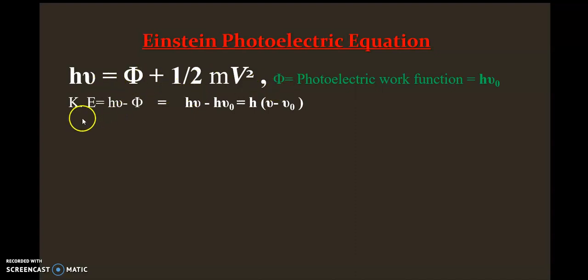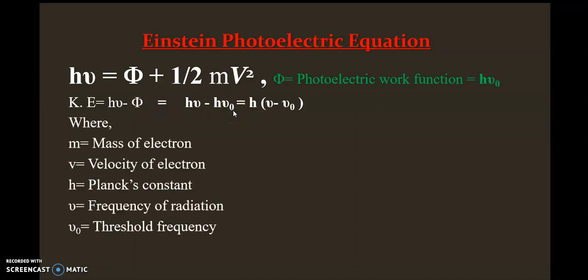From this equation, we can write the kinetic energy of the ejected electron as h nu minus phi, which is h nu minus h nu 0, where m is the mass of the electron, v is the velocity of the electron, h is the Planck's constant, nu is the frequency of incident radiation, and nu 0 is the threshold frequency, which is the minimum frequency needed to break the electron from the nucleus.